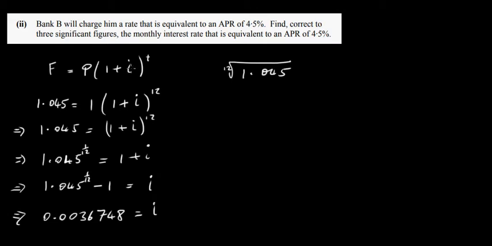This is this value here. So if that's I, then that means the actual rate, then the monthly rate, that's equivalent to 4.5% APR would be this thing here multiplied by 100. So that's 0.367% to three significant figures.